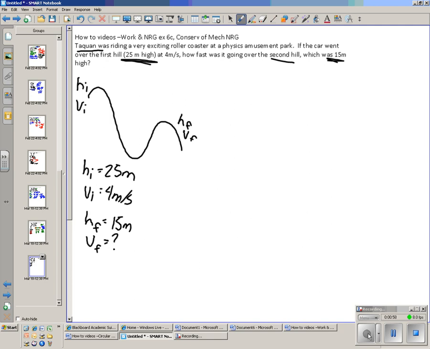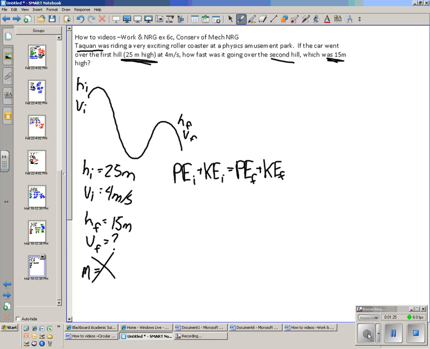Once again, we don't really care about mass, so mass equals blah. So we're going to use a conservation of mechanical energy. So potential energy initial plus kinetic energy initial equals potential energy final plus kinetic energy final.